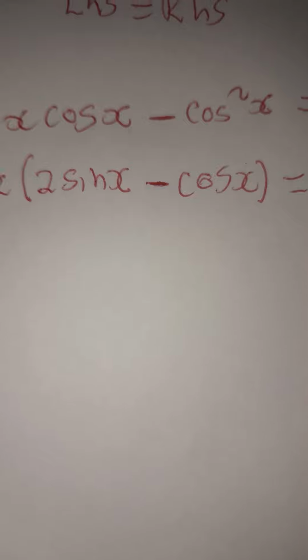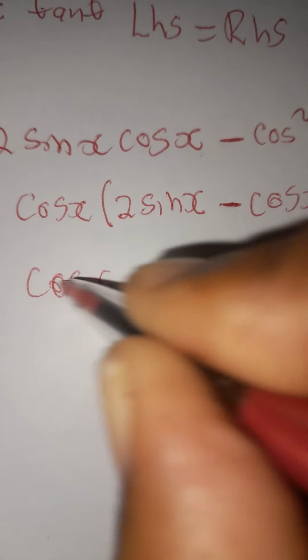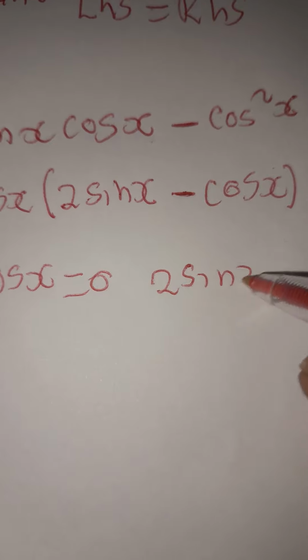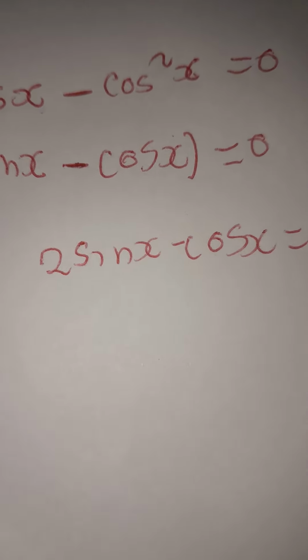Since this is a type of equation where we need to equate each factor to 0, cos x is equal to 0, or 2 sine x minus cos x is equal to 0.